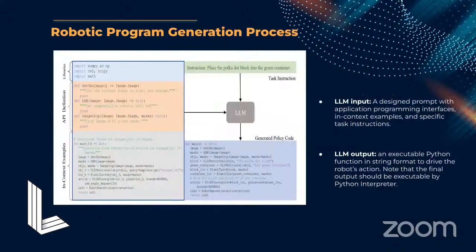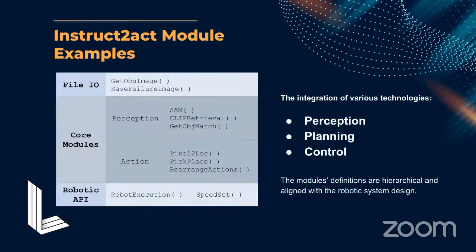And achieving such functionalities would require the integration of various technologies such as perception, planning, and control so that the robots will be able to operate autonomously in unstructured environments. So I've listed the core modules here: perception, action, and the functions that Tanya talked about, like Segment Anything model, as a core component of our system.